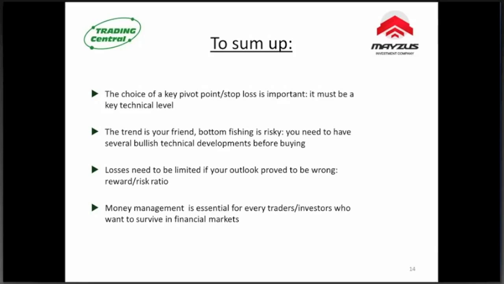You need to have several bullish technical developments before buying, and several bearish technical developments before selling. The third rule, and I think it's the most important, is that losses need to be limited if your outlook proves to be wrong. And keep in mind the reward-risk ratio. It's very important. And of course, money management is essential for every trader and investor who wants to survive in financial markets.